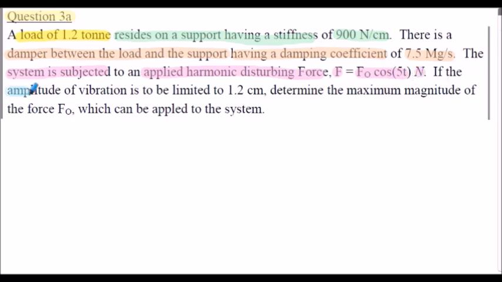If the amplitude of vibration is to be limited to 1.2 centimeters, we're asked to determine the maximum magnitude of force F0 which can be applied to the system. I would encourage you to start the presentation and attempt question 3a, but the full worked solution is overviewed on the following slide.